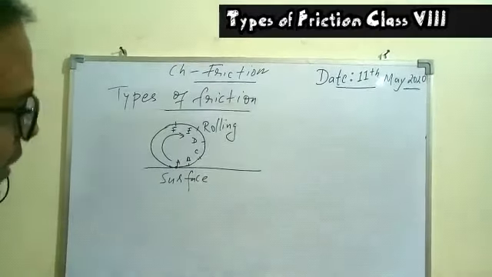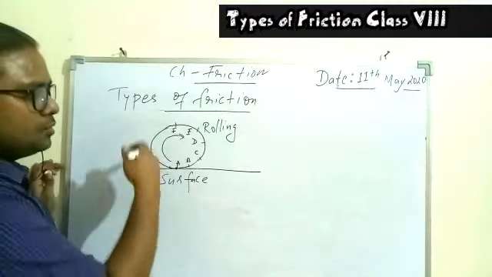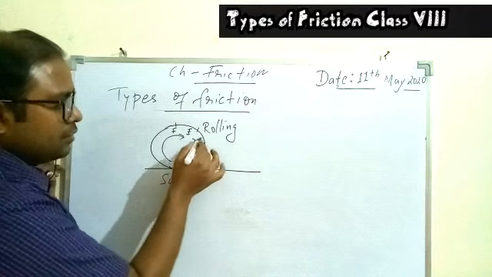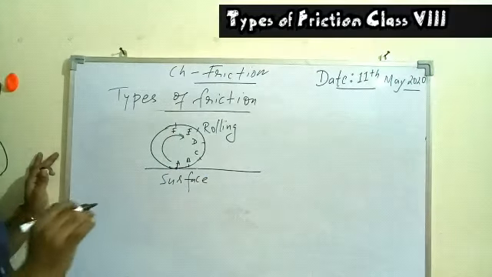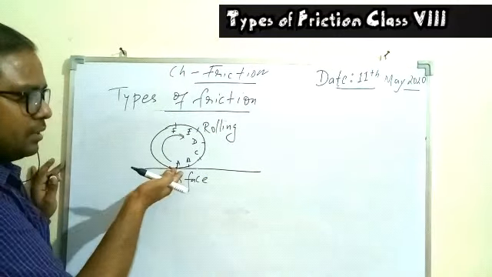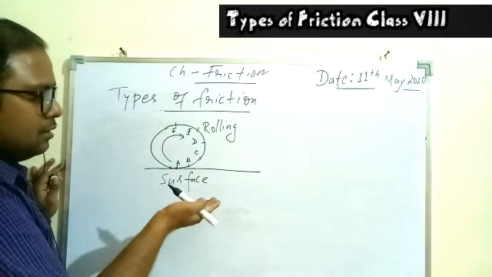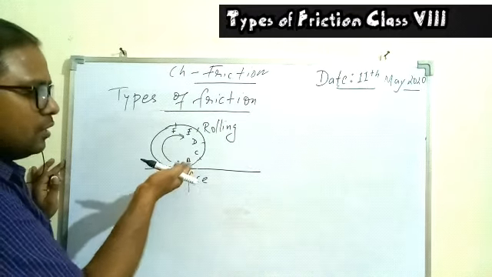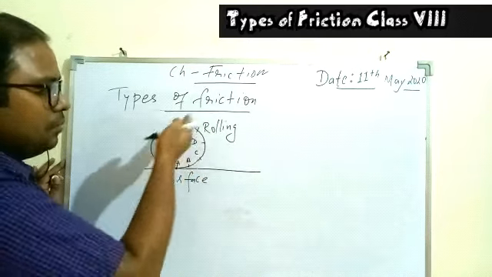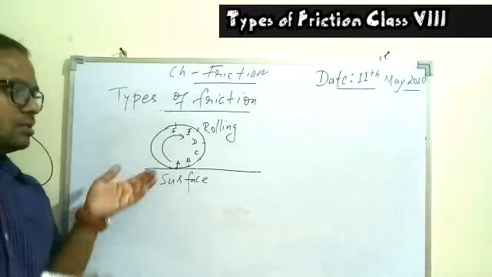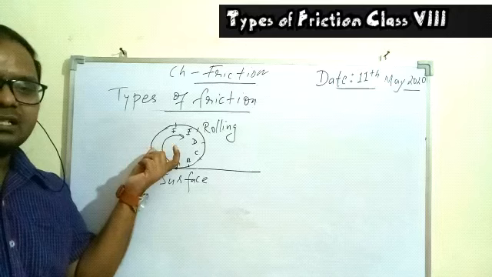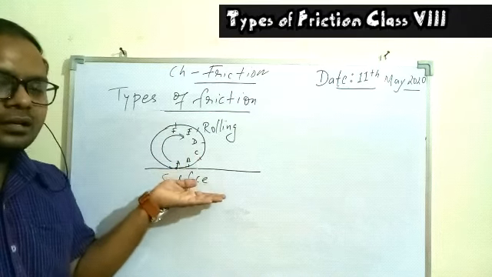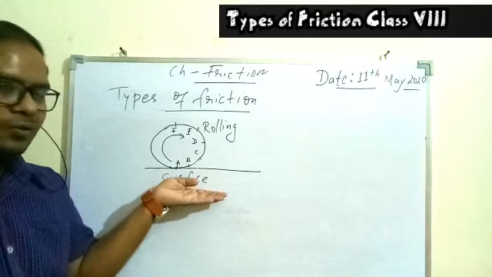So what is happening here, when the object is rolling, each time there is a change in the surface of the object. At the beginning point A, that is surface A, is in contact, then in less than a second another point B or surface B will come in contact, then C, D, E. Since the object keeps changing its surface with the surface on which it is moving, what will happen?